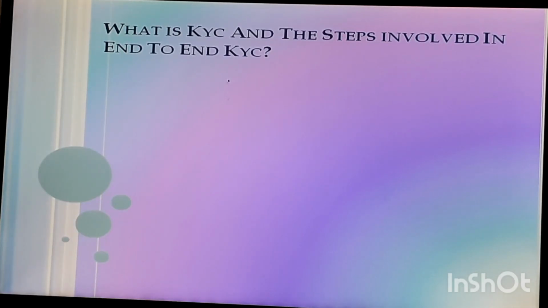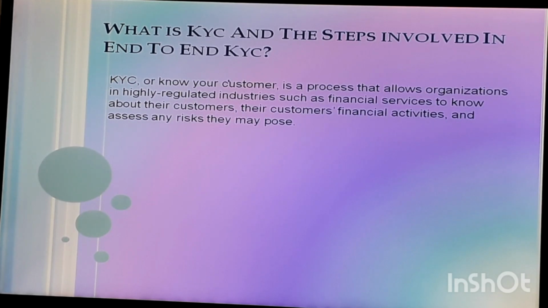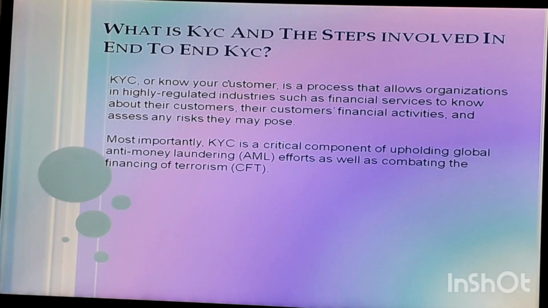Now, the first question that comes to everybody's mind is: what are the steps involved in end-to-end KYC? So, let's go through the steps first and understand what KYC is. KYC is Know Your Customer, and it's a process that allows organizations to check the background of the client.